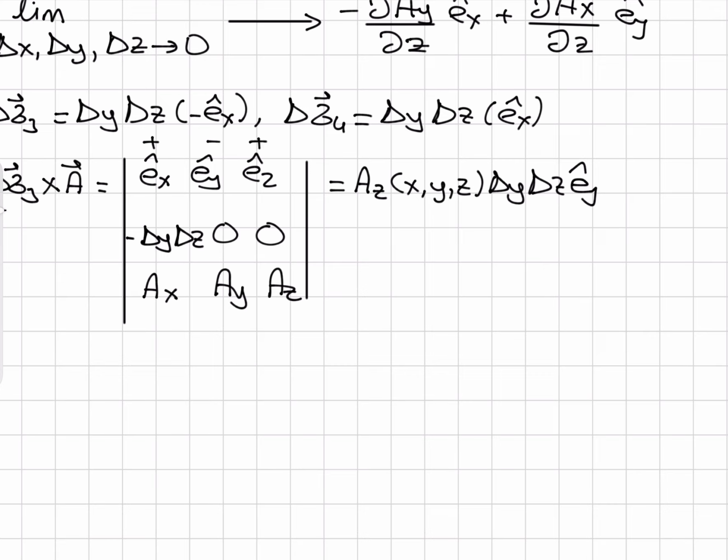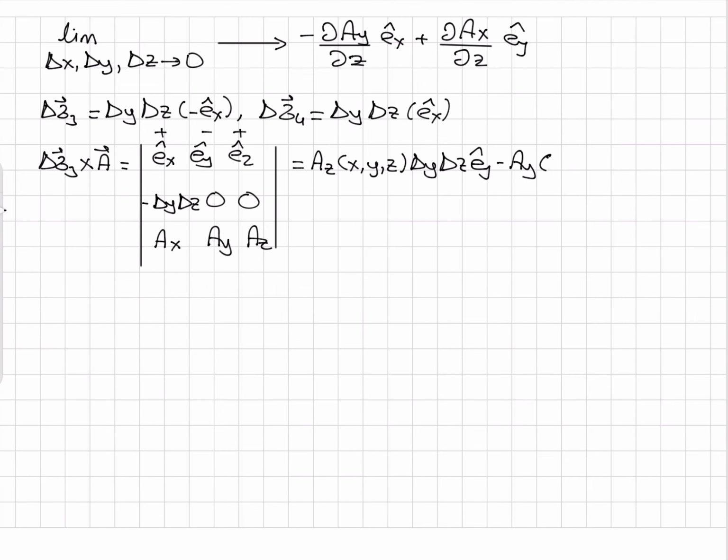And for ez hat, I have minus ay evaluated at x, y, and z, delta y, delta z in ez hat direction.